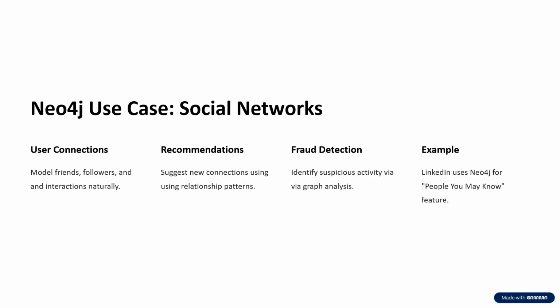By studying how people are connected, Neo4j can detect suspicious activities like fake accounts and unusual behaviors. An example is LinkedIn, which uses Neo4j for its People You May Know feature. It analyzes your connections and suggests others you might know.